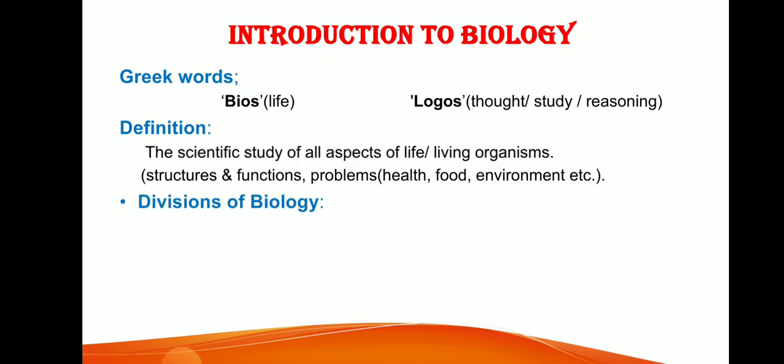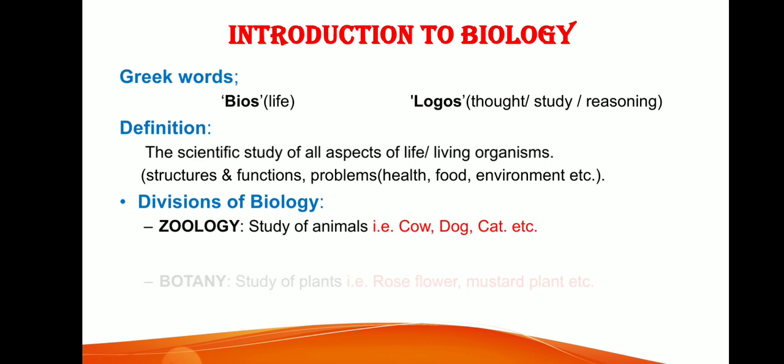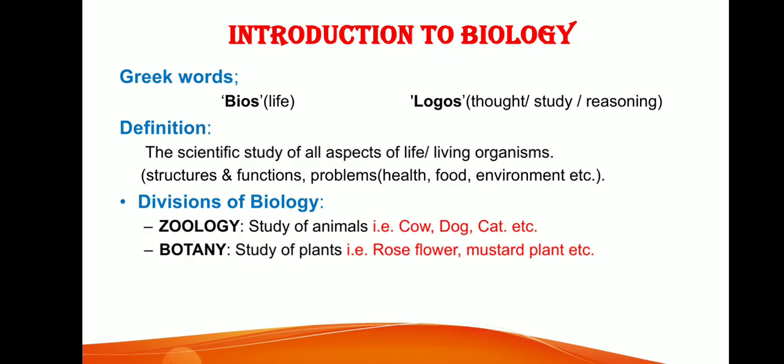The major divisions of biology. There are three major divisions of biology. First one is zoology. The word zoo stands for animal, and zoology is the study of animals. The animals include cow, dog, cat, etc. And second is botany. It is the study of plants, and plants include rose flower, mustard plant.